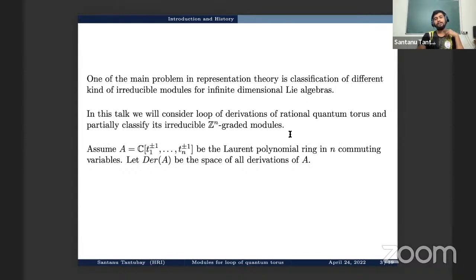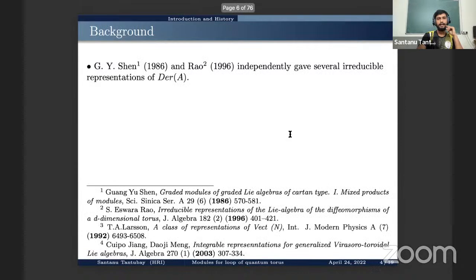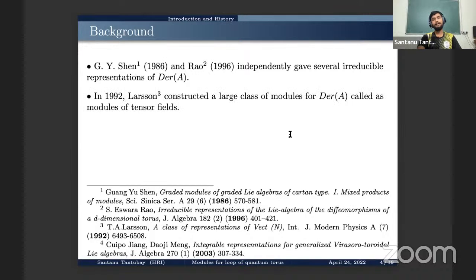Assume A is the Laurent polynomial ring in commuting variables, and Der A is the space of all derivations of A. In 1986, Sen and in 1996, Rao independently gave several irreducible representations of Der A, and later in 1992, Larsson constructed a large class of modules for Der A, and these modules are called modules of tensor fields.